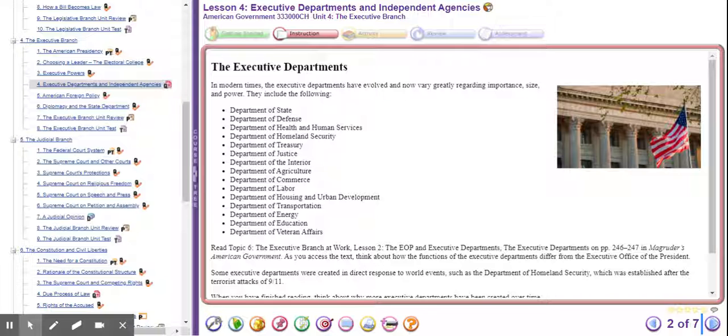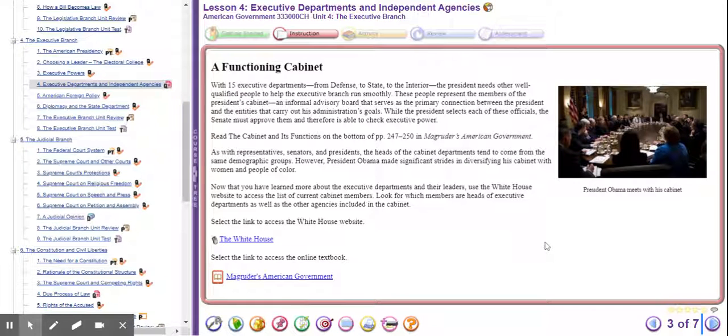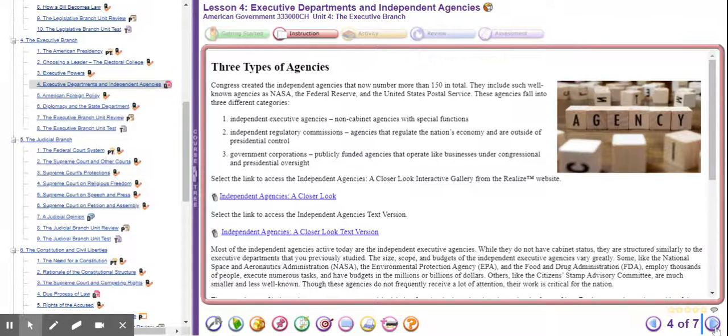We call it a secretary of state, secretary of defense, secretary of health and human services, etc. So you can read about that. And then those people are all members of what's called the cabinet, which are these advisors to the president.